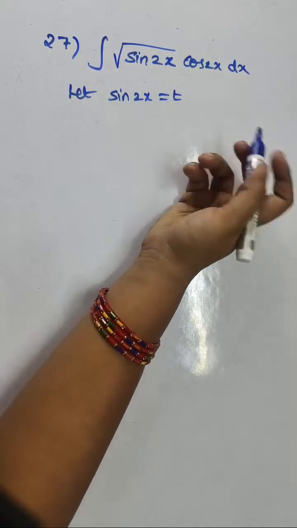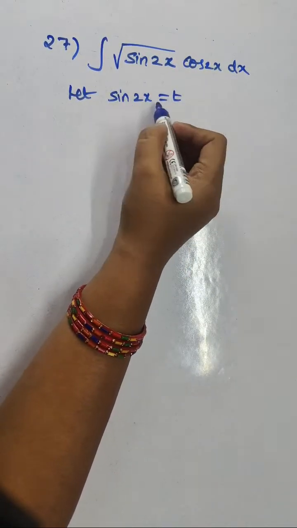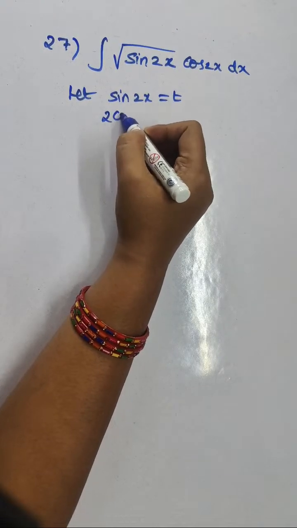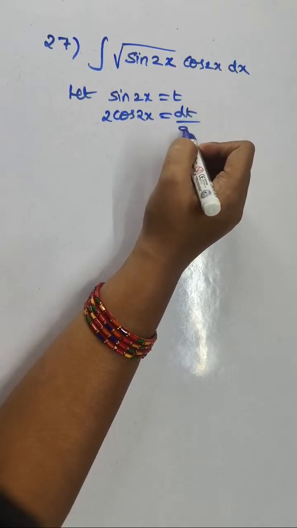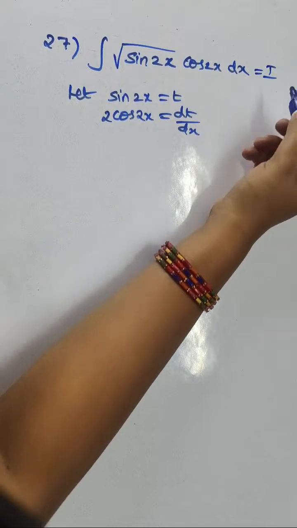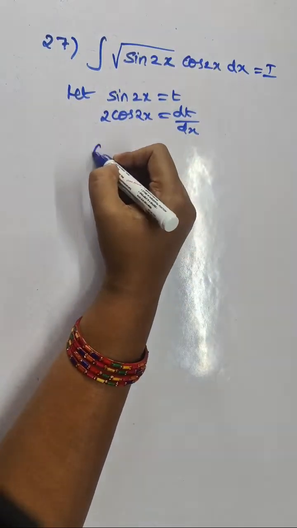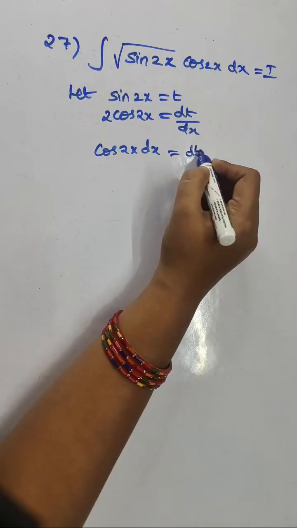When we take sine 2x as t, when you differentiate, you will get 2 into cos 2x equal to dt by dx. Since we don't have any 2 term in the given question, take this as I. So take this dx to the left side, 2 to the right side. So cos 2x is equal to dt by 2.